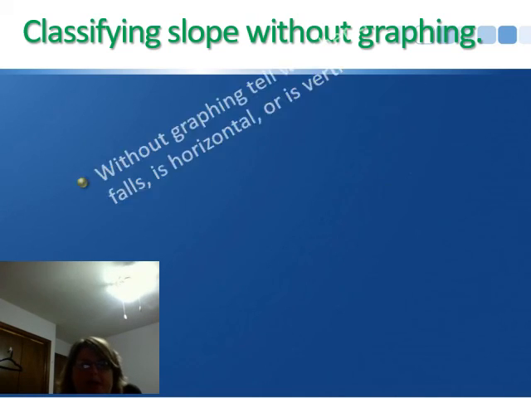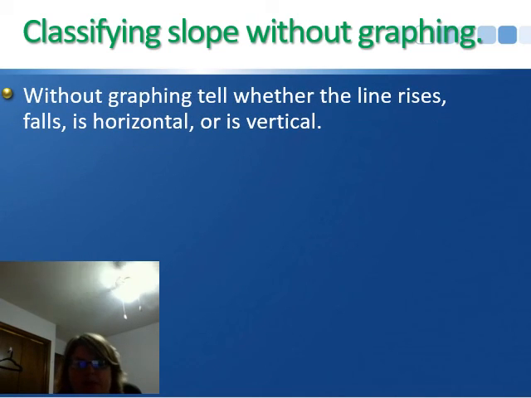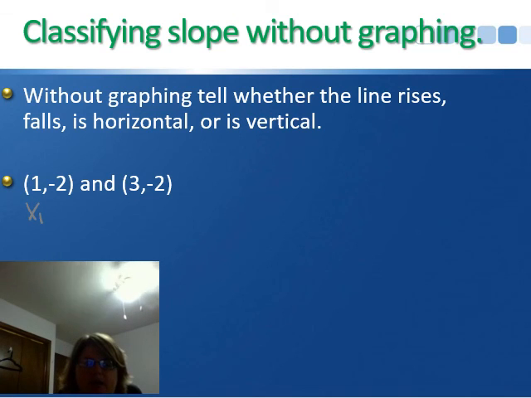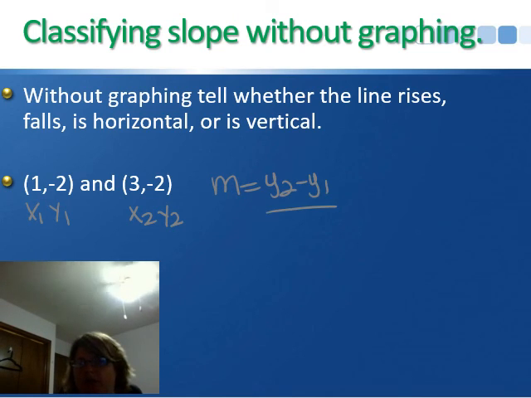All right, next one. Oh my gosh, more fun. So x sub 1, y sub 1, x sub 2, y sub 2. Find the slope. M equals y sub 2 minus y sub 1 over x sub 2 minus x sub 1. So now we just plug in the numbers.